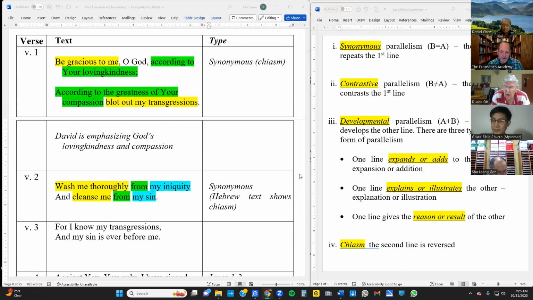So, you got the Chinese there? What did the Mandarin translation do? It's reversed. It's actually chiasm, but you know that the structure is merely reverse.